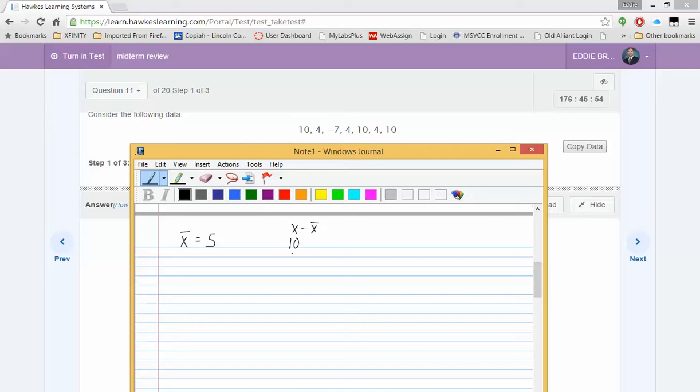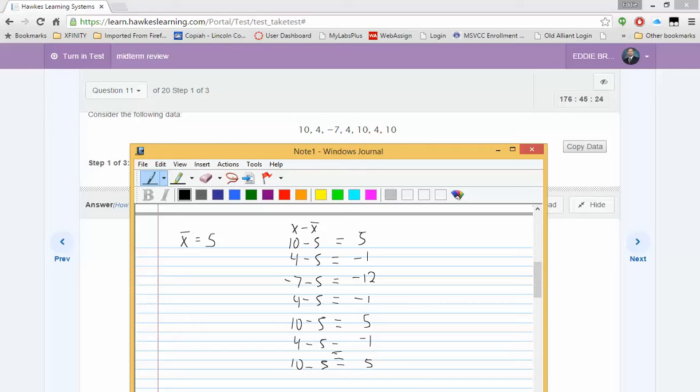I'm going to list each item: 10, 4, negative 7, 4, 10, 4, 10. And then I'm going to subtract 5 each time. Let's see what that gives me. So these are the deviations. So that's 5, negative 1, negative 12, negative 1, 5, negative 1, 5.